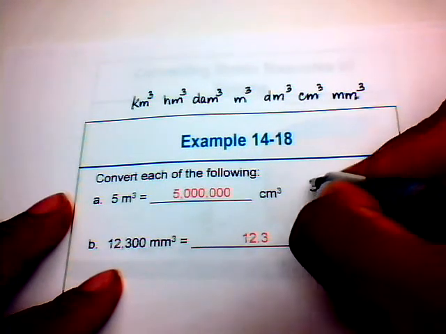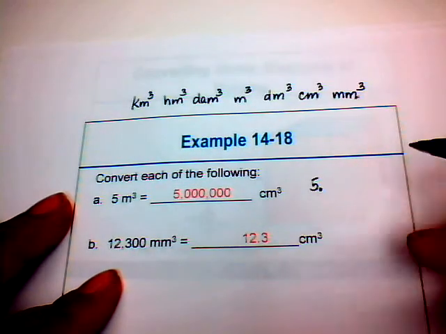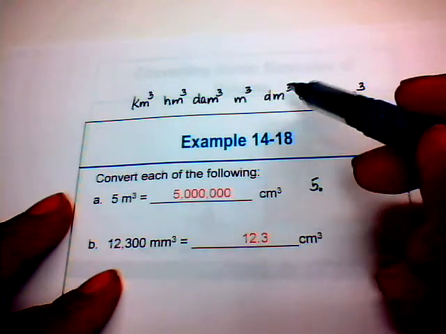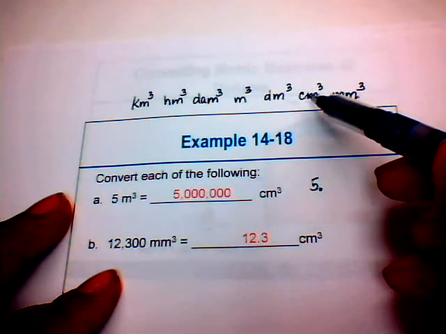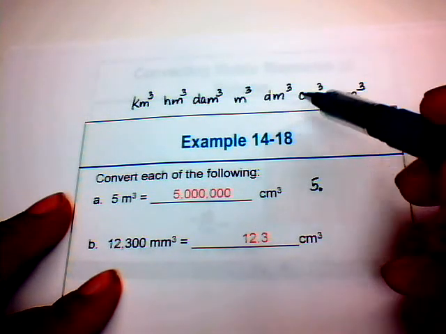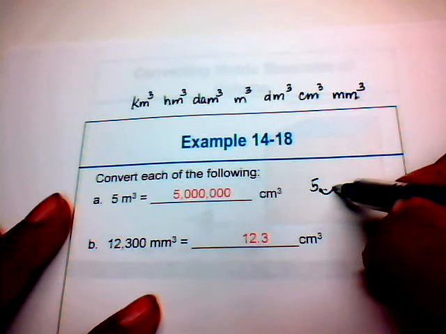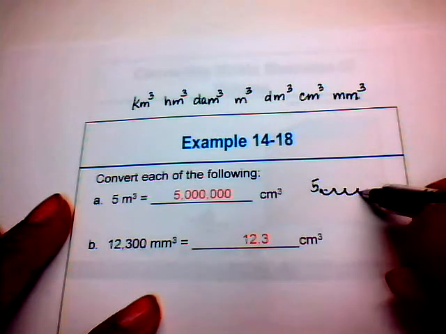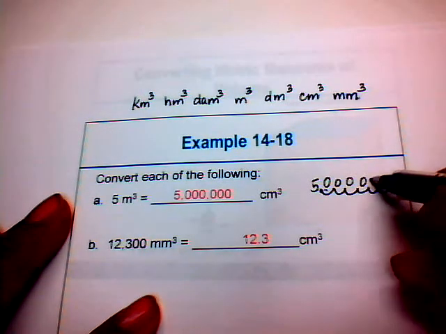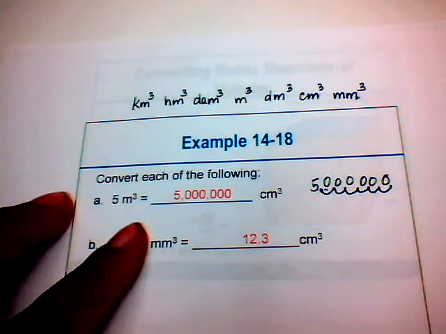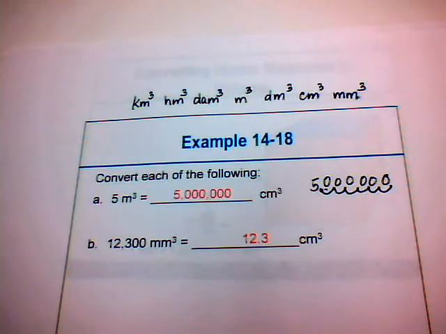So in the number 5, the decimal point is behind the 5, and since we're dealing with cubic units, we move 3 times 2 places to the right, which is 6 places to the right. So it'll be 1, 2, 3, 4, 5, 6. Meaning 6 zeros need to be behind the 5. So 5 cubic meters is going to be 5 million cubic centimeters.